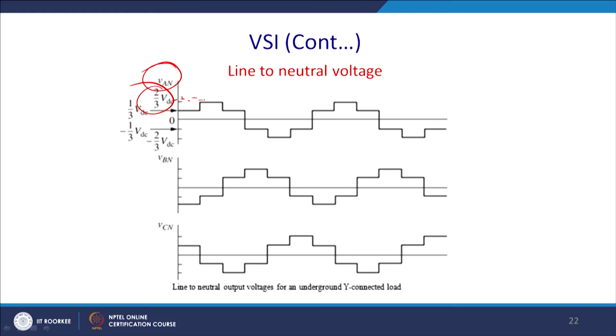So, you will find the staircase line to neutral voltage in case of this 180 degree mode of conduction. Similarly, this voltage will be VDC by 3, then 2 VDC by 3 and so on, and the same staircase kind of profile will be followed for the line to neutral output voltage for an ungrounded star connected load. This will be the profile you get in case of the phase voltages.